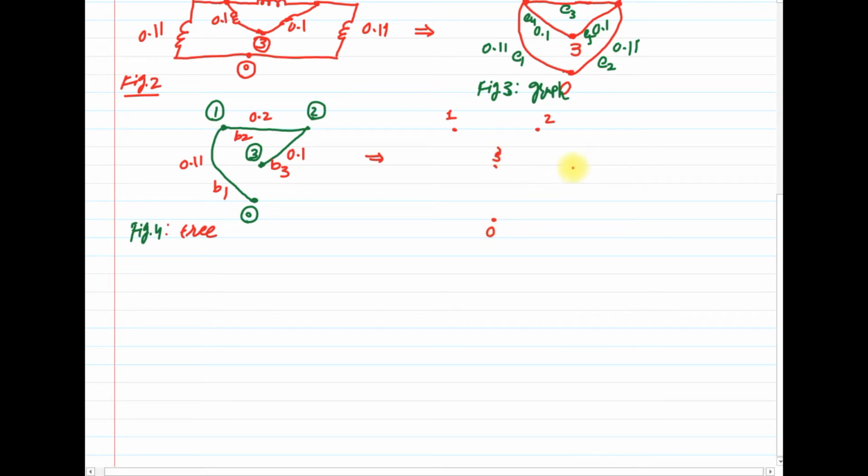So here we will have, this line is missing, that means from 2 to 0, which is over here with the value of 0.11.